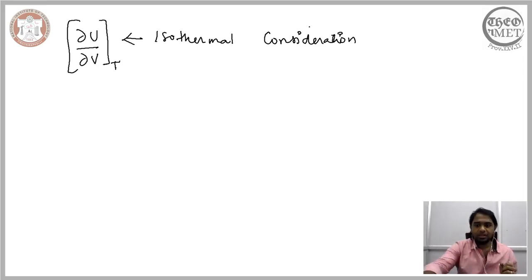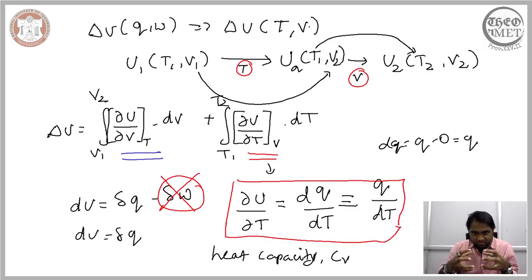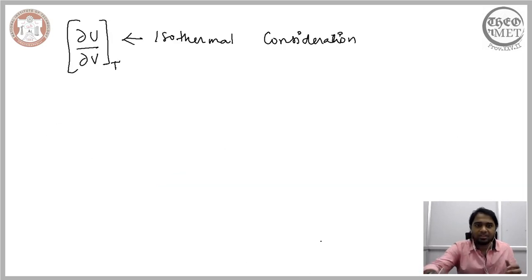So let me repeat, it was possible for us to translate the change in the internal energy of the system with respect to temperature in terms of a specific constant, but the same cannot be done in this isothermal condition. Because even though we have changed the variables, the system that we are considering remains the same.